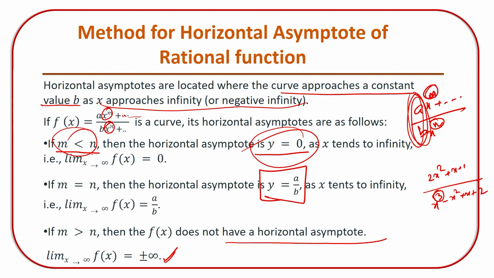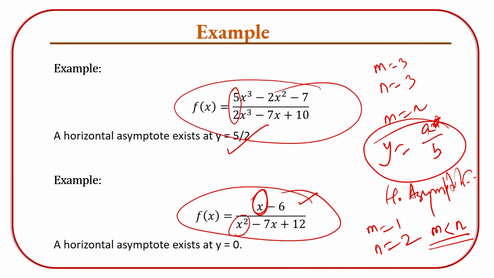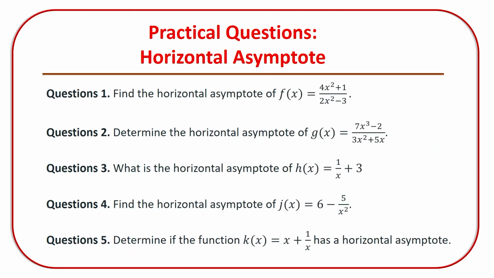When m is less than n, y equals 0 will always be one of the horizontal asymptotes, remember that always. So, without any calculation I can say that a horizontal asymptote exists, and that is y equals 0. So, these are the practical questions, and we will look at each one of them to find out how I can do that.